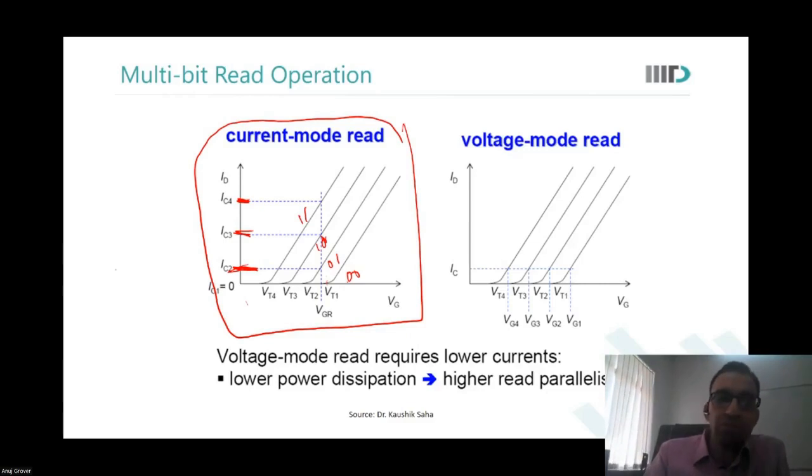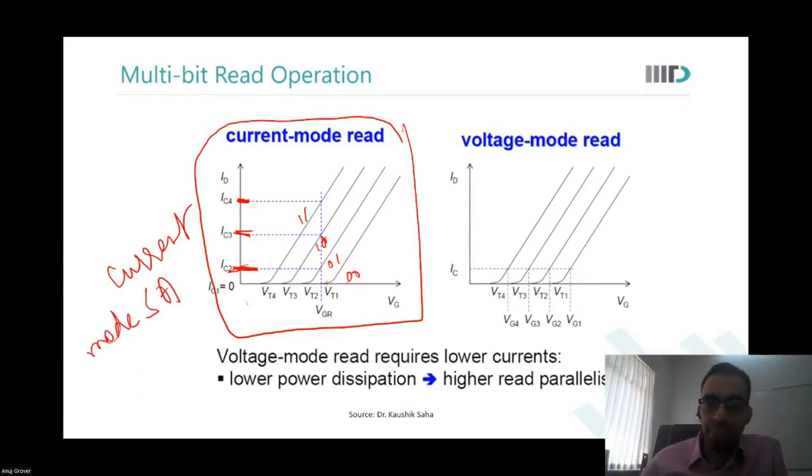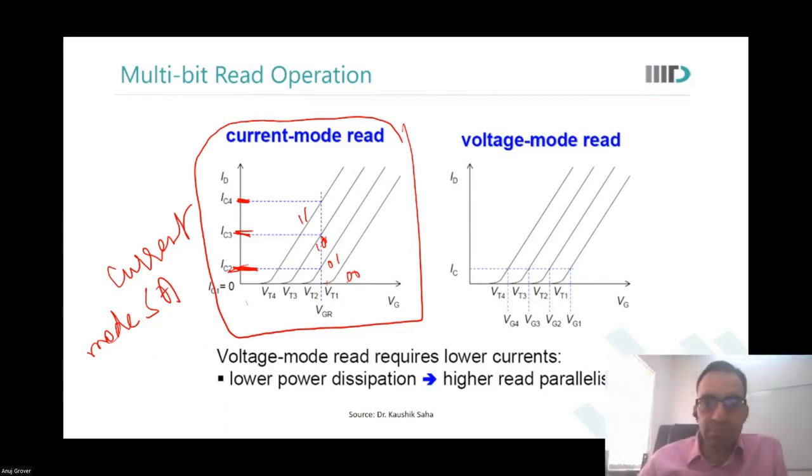So you will need a current sense amplifier, current mode sense amplifier. Is the left figure clear? Yes, sir. Now, when you want to read in the voltage mode, what do you do?